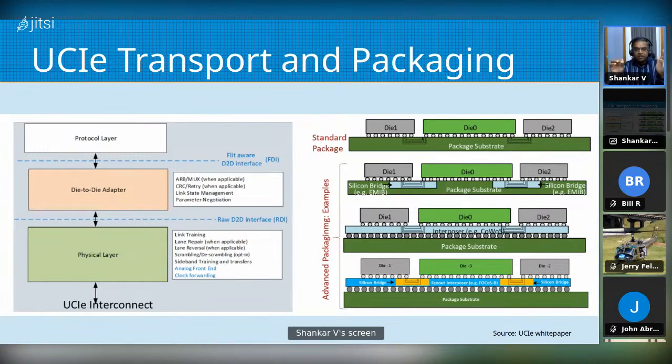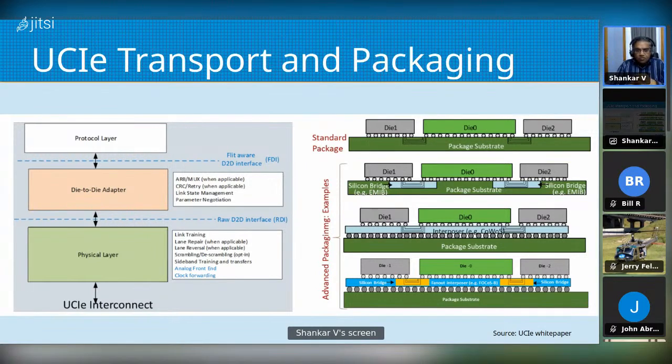There is a time of flight, right? Signal going from one chiplet to another. And so you need to train for that so that your clock and data edge are aligned, so that the clock arrives just a little bit after the data arrives, so that on your rising edge of the clock, the data signal is stable and you can latch that data.